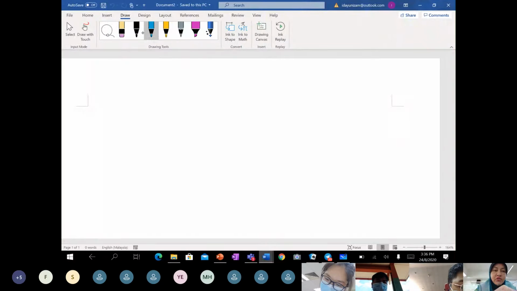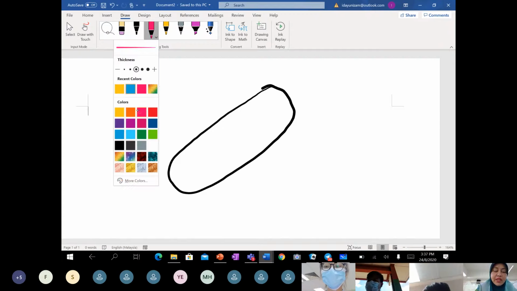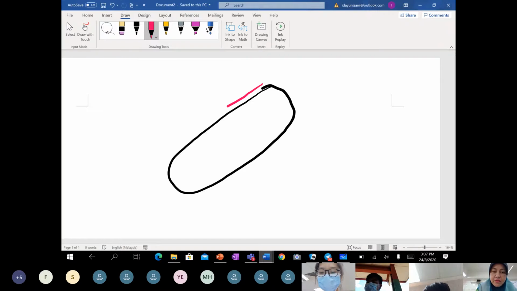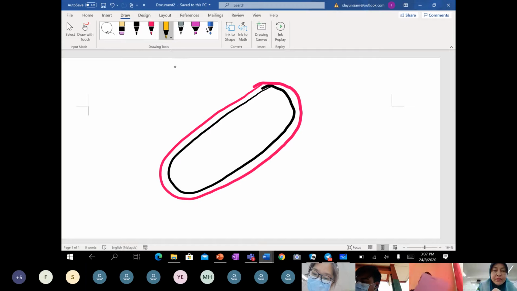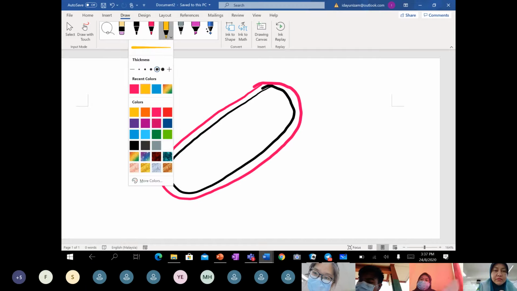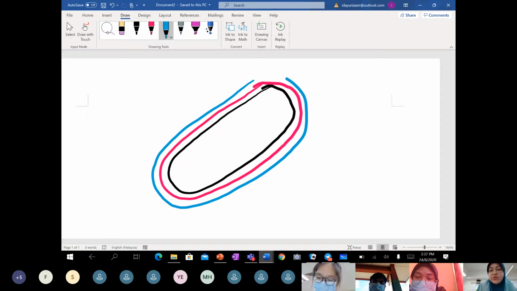Teacher will sketch this diagram: first layer, then the second layer, and then the third layer. Actually, teacher is trying to show you the structure of a bacteria cell.